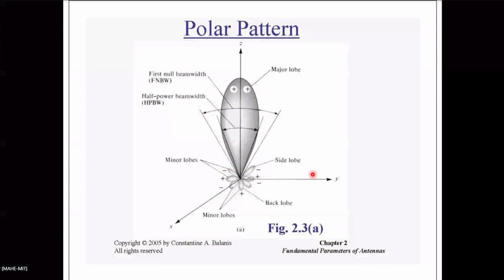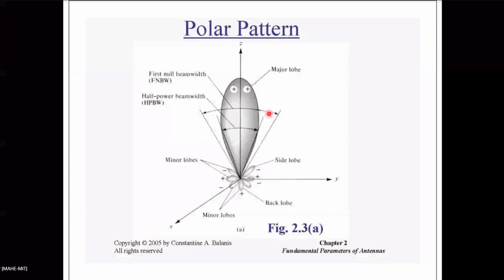It is the radiation lobe whose axis makes an angle of 180 degrees with respect to the major beam of the antenna. For example, here this is the back lobe. Okay.